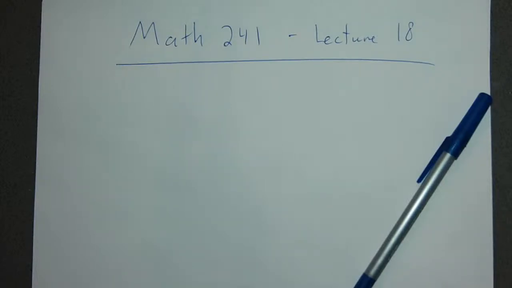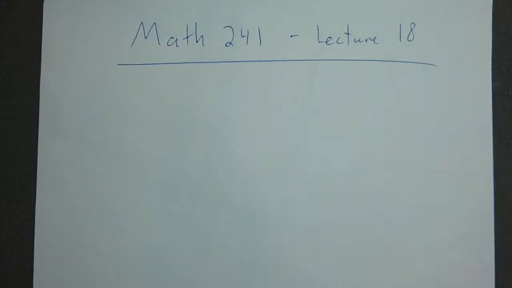Okay, so at the end of Wednesday's lecture, we had done this application of partial derivatives where we had written out the equation for the tangent plane to the graph of a function.